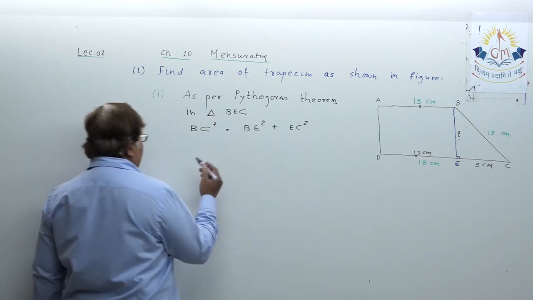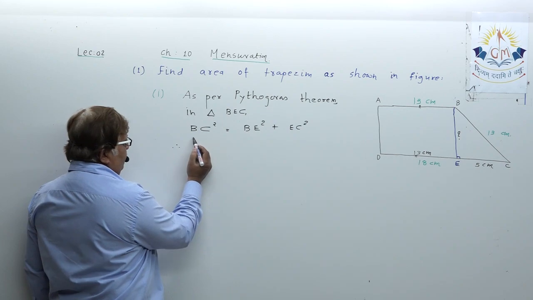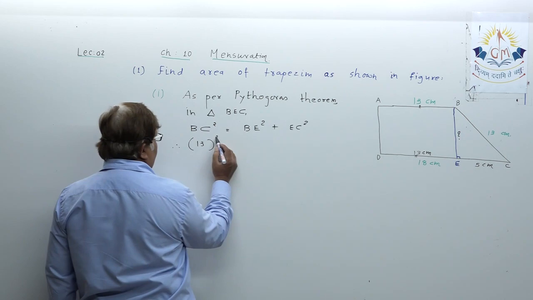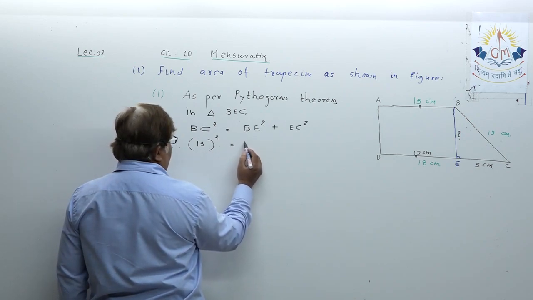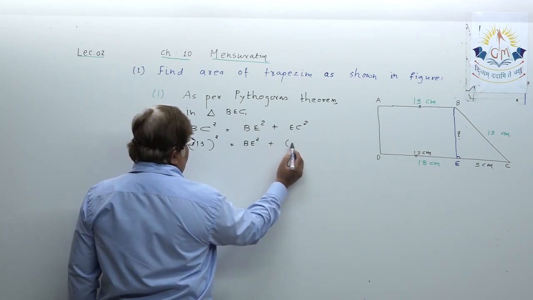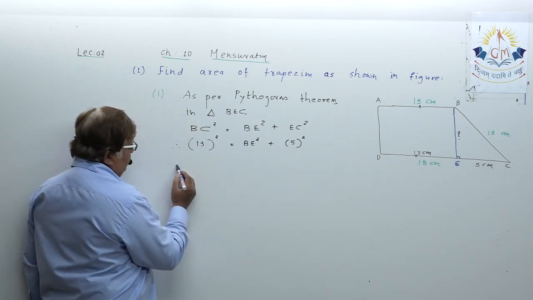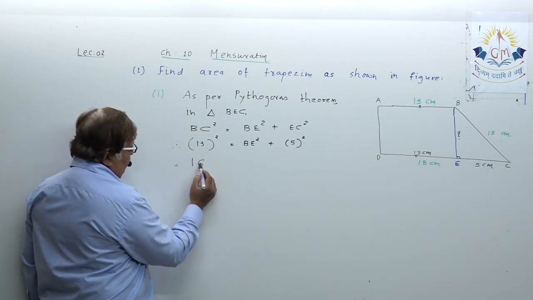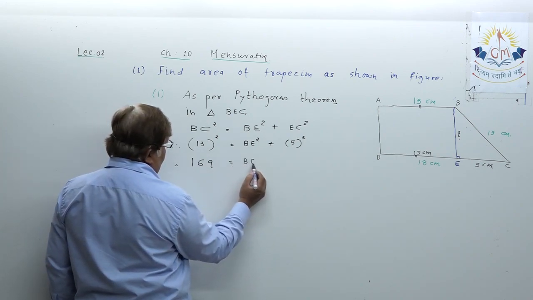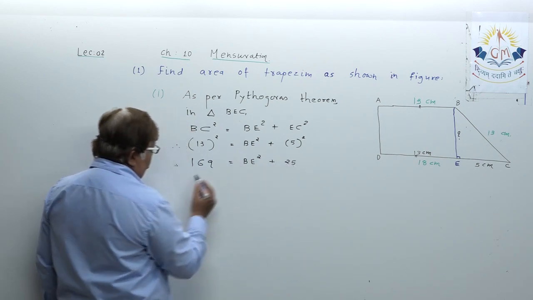Okay. Let us substitute the values. What is BC? It is 13. What is BE? We are targeting to find it. What is EC? 5. So 13 square, that is 169, equals BE square plus 25.